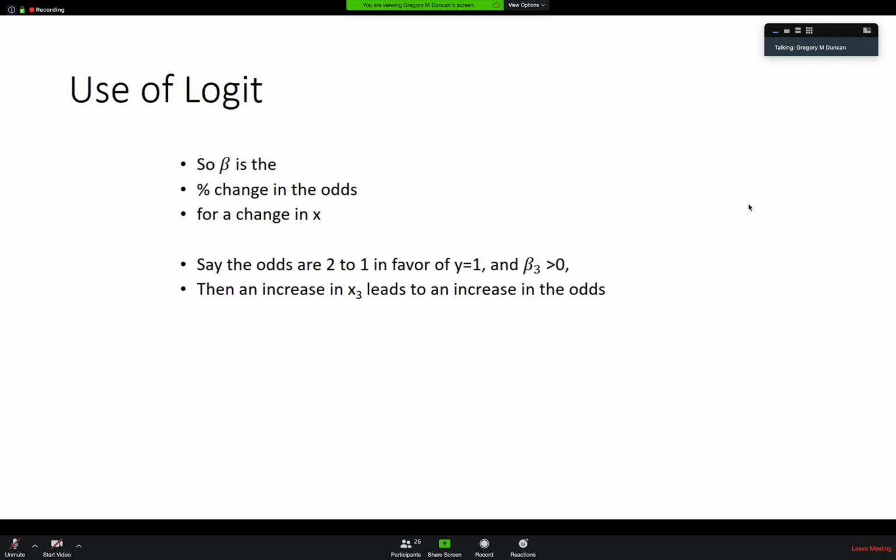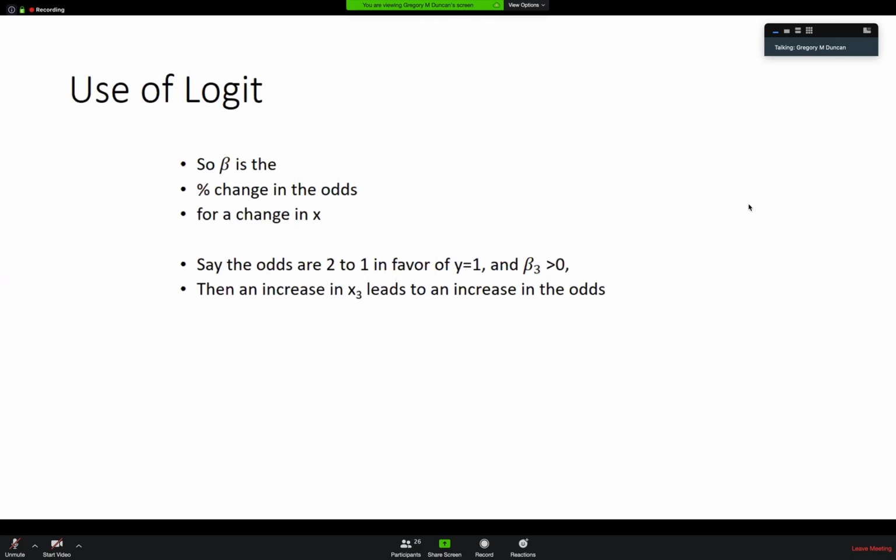Now, some people are good about thinking about odds and some people aren't. It will behoove you to learn how to think about odds and what it means for a 1% change in the odds and a 10% change in the odds.